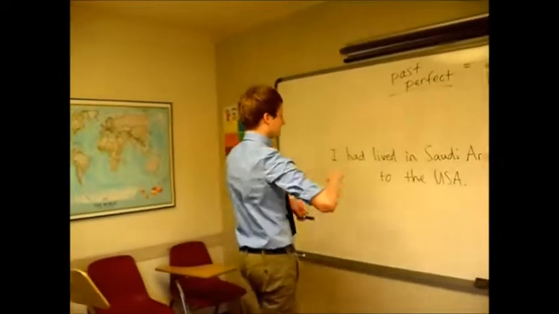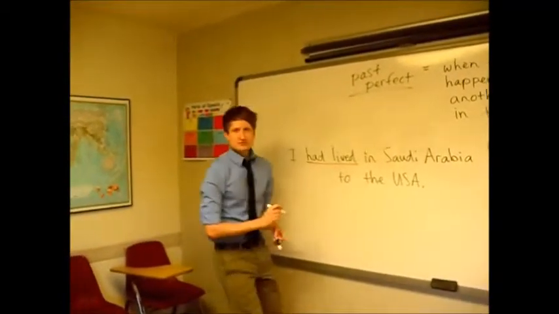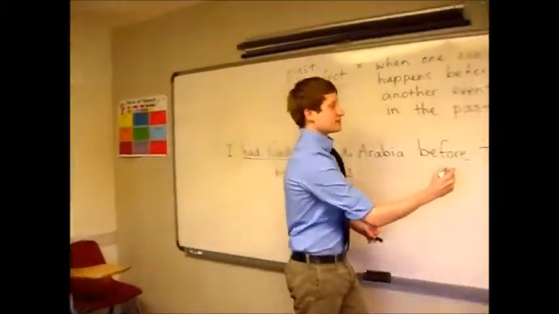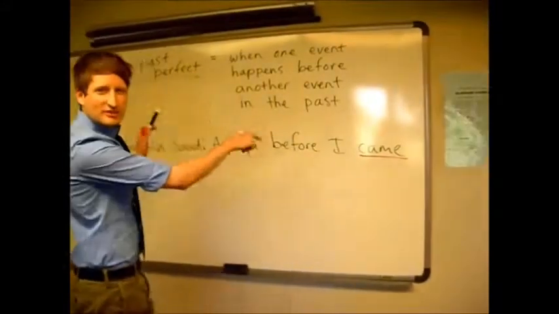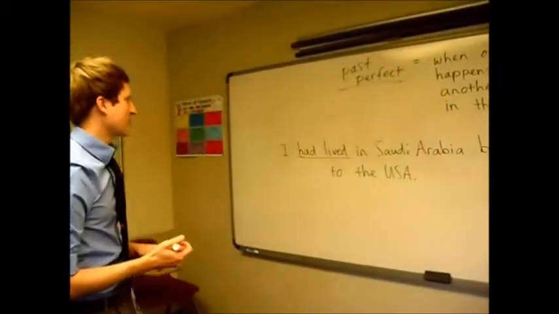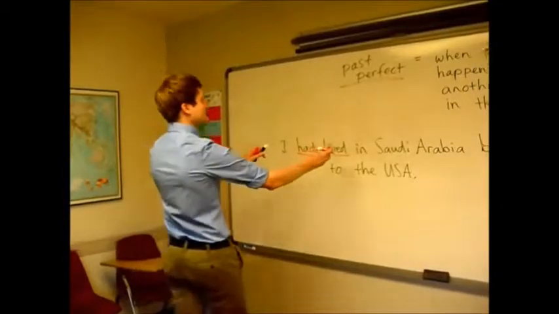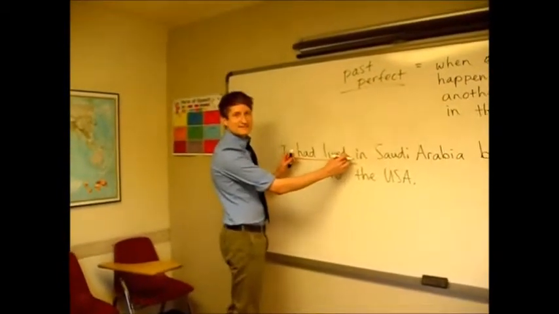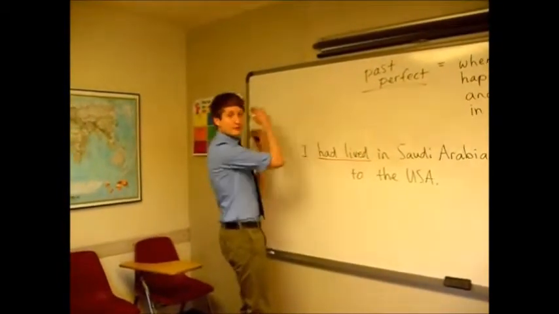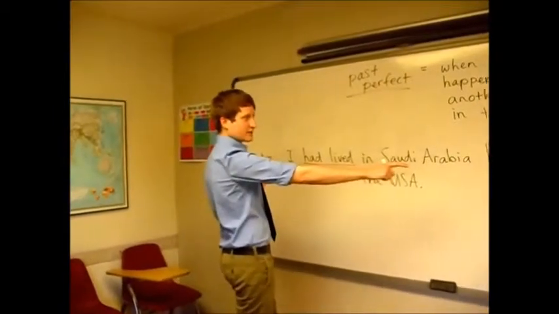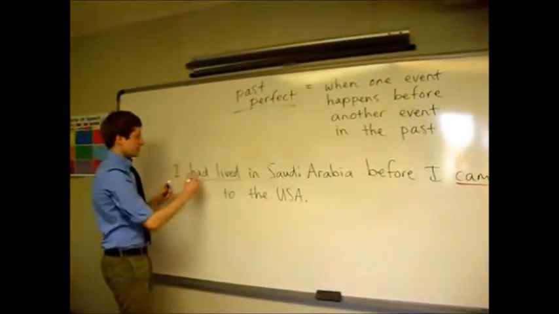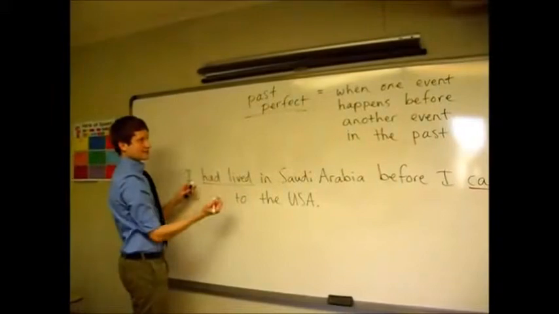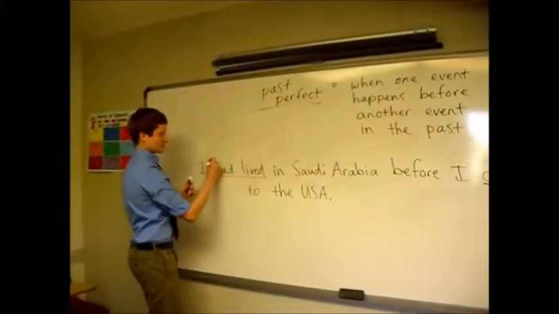Here is one: had lived. Here's another: came. They're both in the past, two things in the past. But had lived is first. This happens before the other one. Because it happens first, you can use the past perfect.